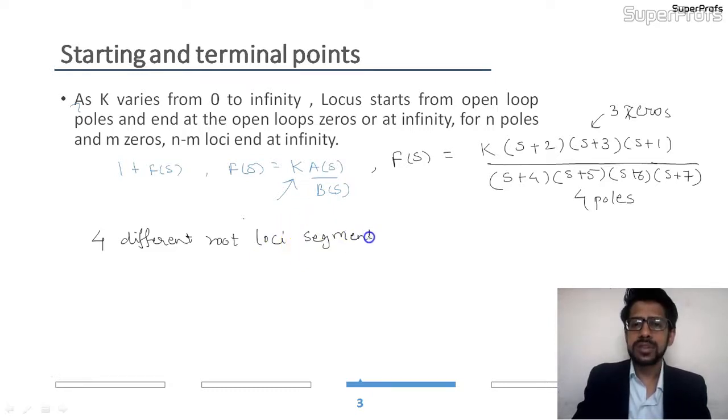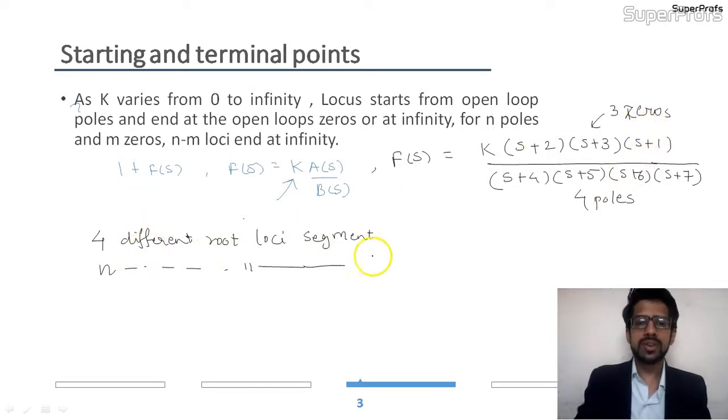For n poles, we would have n different root loci segments. So just remember, the number of different root loci segments is the number of poles that you have. In this particular example, we have 4 poles and 3 zeros.